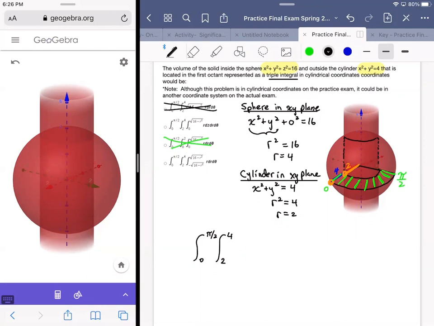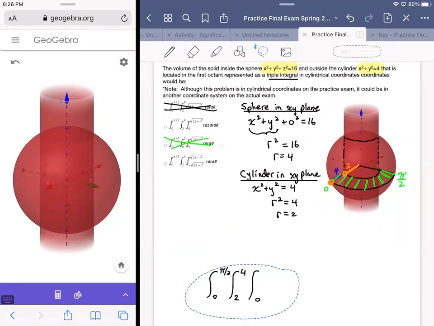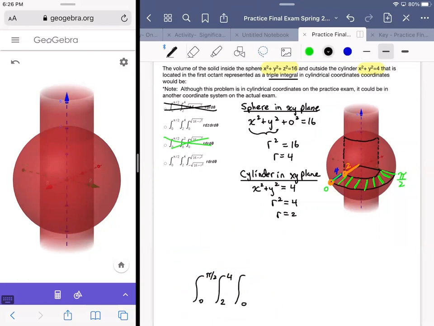All right. So this is going to go from z equals 0 to whatever the top part of the surface is. Now, the top part of the surface is defined as the sphere. The surface that represents the bound on the high side, x squared plus y squared plus z squared is equal to 16.